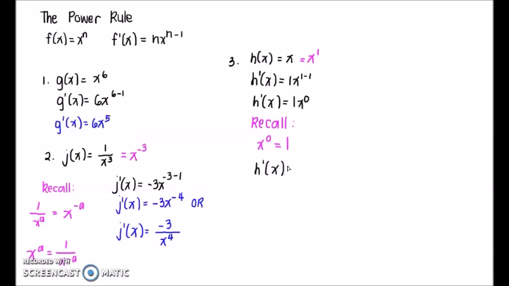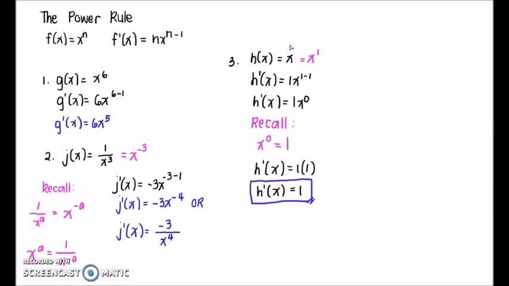Magiging h prime of x is equal to 1 times x raised to 0 is 1. So, just simplify it. H prime of x is equal to 1. Ibig sabihin, the derivative of h of x equals x is equal to 1.